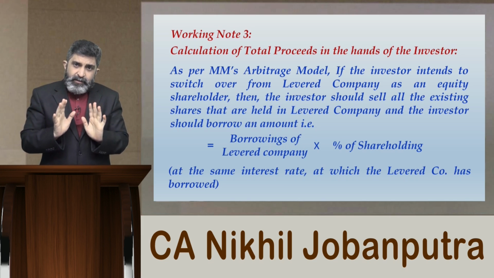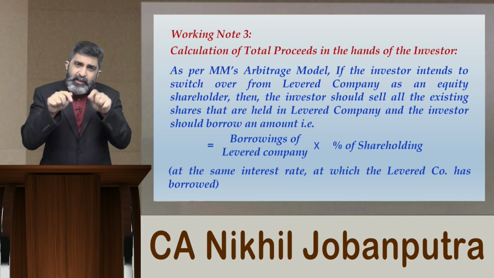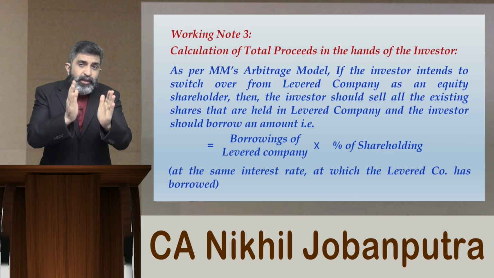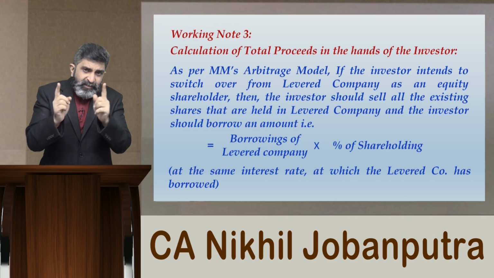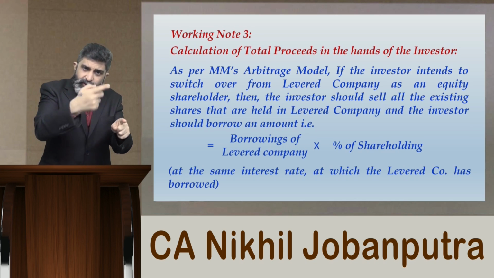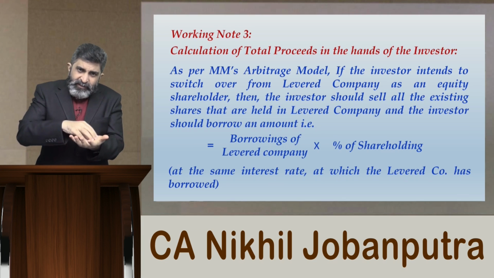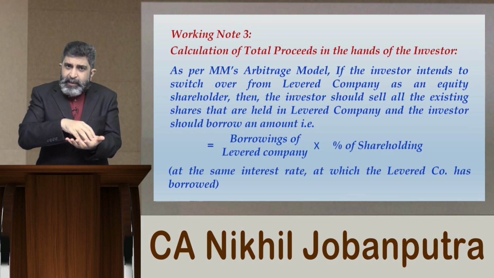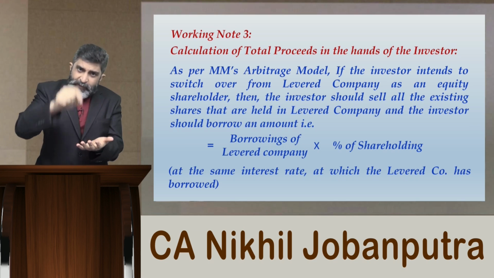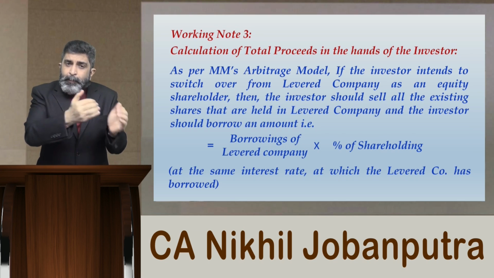So now what investor has to do? On personal basis, this investor will have to borrow 6,000 rupees. And from where you got the 6,000 rupees? 10% of the total borrowings of company X Limited. So now this investor will be getting cash from two different sources. One will be proceeds from the sale of shares of X Limited, and secondly, from the personal borrowings.